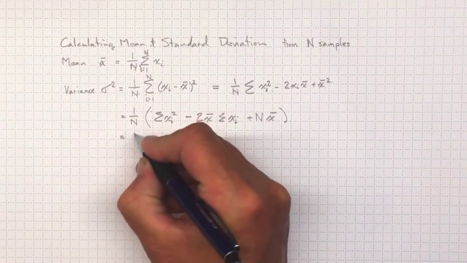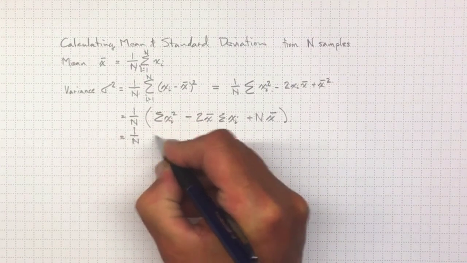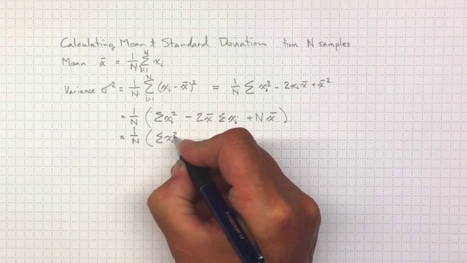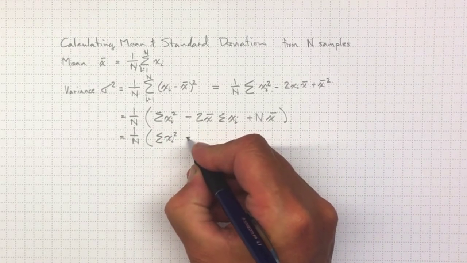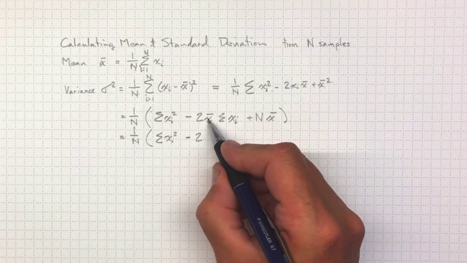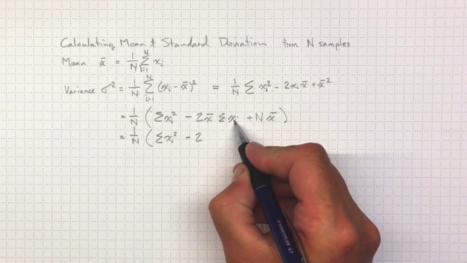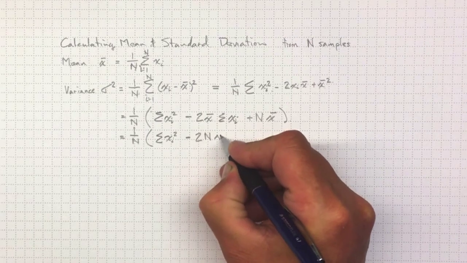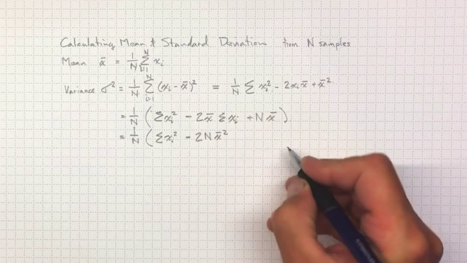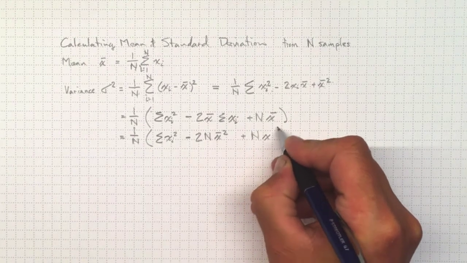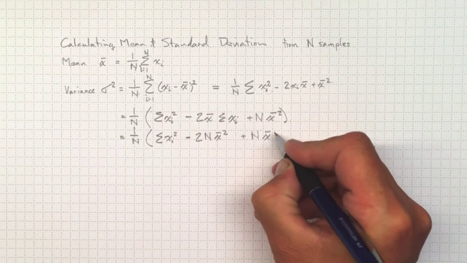So that'll be equal to 1 over n, the sum of xi squared, minus 2 times x bar, and that is just n times x bar. So minus 2n x bar squared plus n x bar squared.